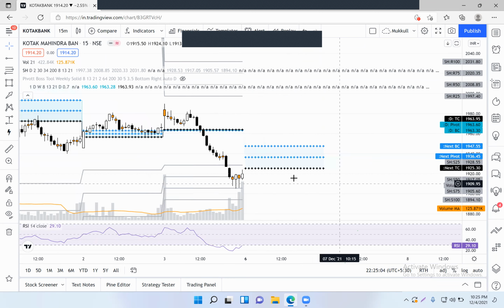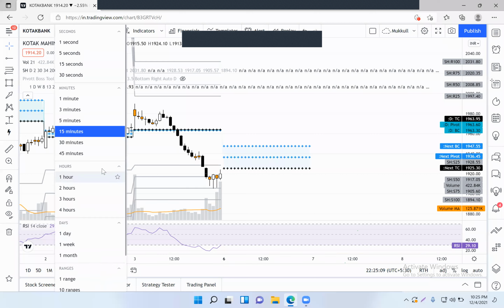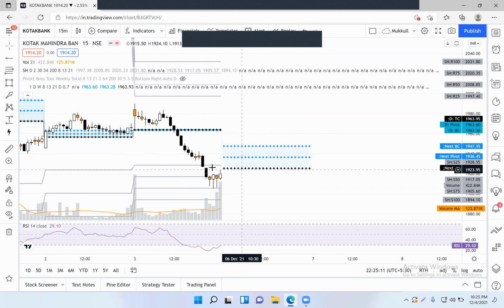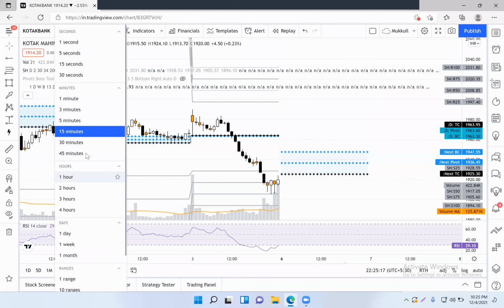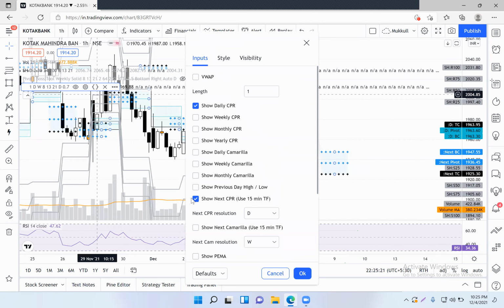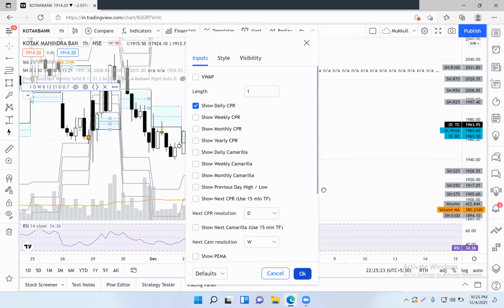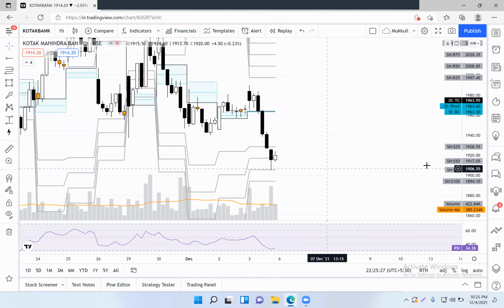So अगर आपको entry लेनी होती तो, अभी देखते हैं 1 hour की देखते हैं. I just wanted to show you the developing CPR, कल का CPR कैसा हो सकता है. So 1, 2, 3 already first condition fulfilled है. Let's see what the second condition is now.